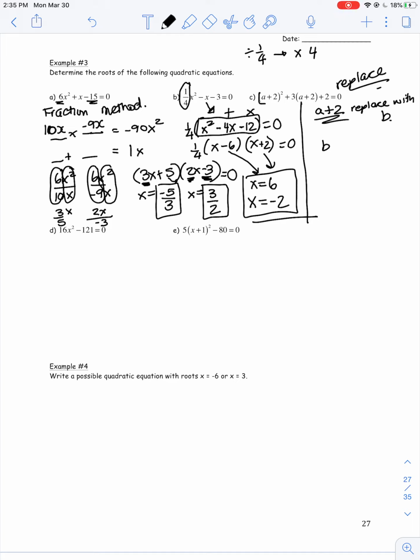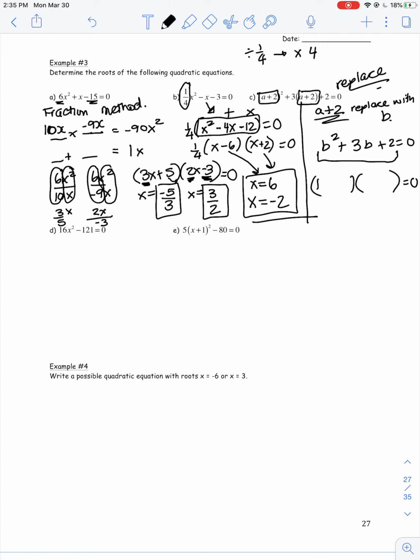Everywhere you see an a plus 2, because that's in common, you're going to say b. So I'm going to write b, which replaces this, but you still have the squared there. Plus 3, but instead of a plus 2, you write a b again. And then plus 2 equals 0.